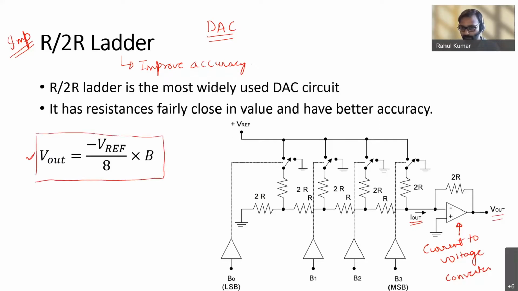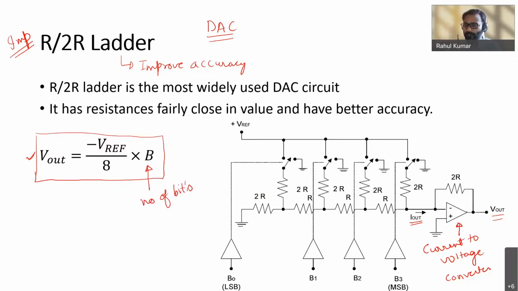It is minus V reference divided by 2 to the power B, or 8, multiplied by the number of bits, right? So B is your number of bits. Okay. So you can have a 4-bit DAC, you can have an 8-bit DAC, you can increase the number, right?